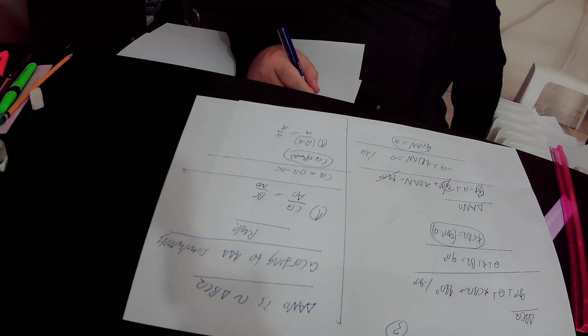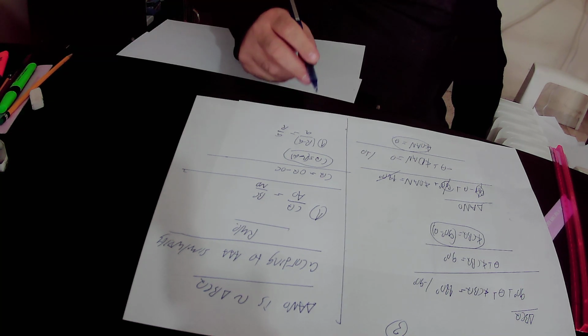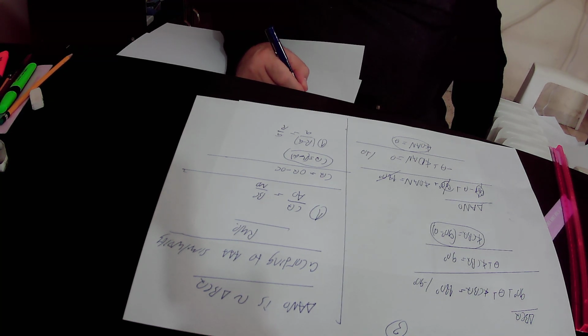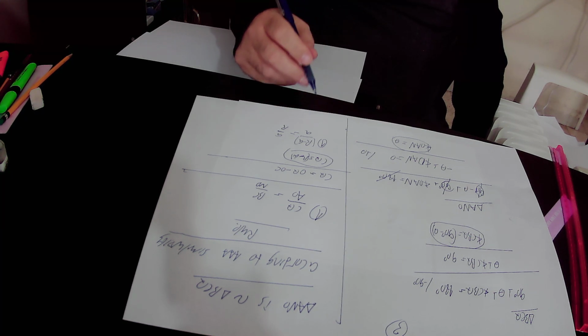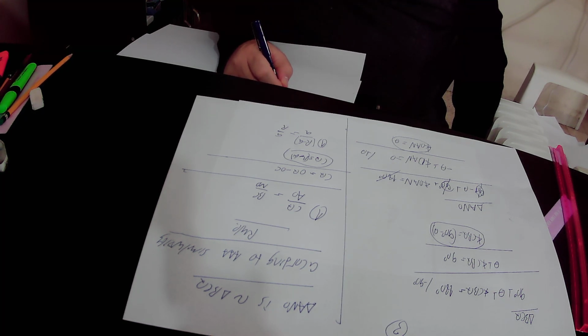R over A minus A over A, that is minus 1, equals A over R.